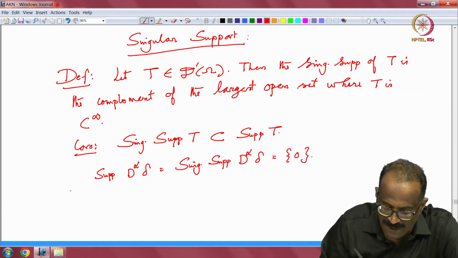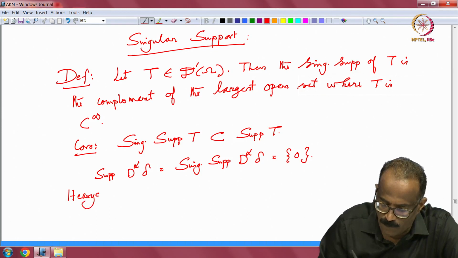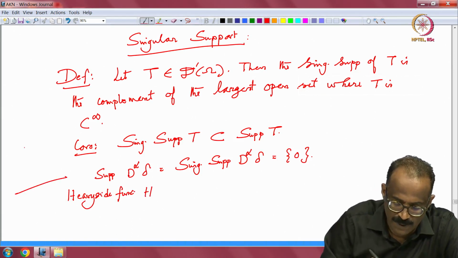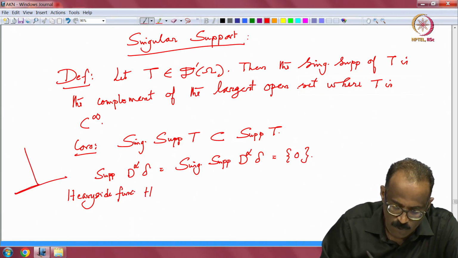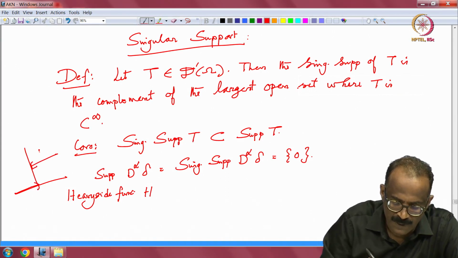But then you look at the Heaviside function H. Let me recall what H is: this is 0 here, 1 here.